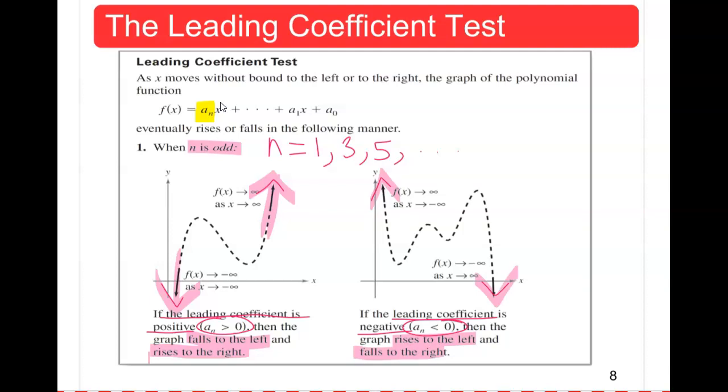Now, I don't want you to get confused with the terminology that we used about increasing and decreasing, because here we're only talking about the end behavior, only about the tails of the function. When we talk about increasing and decreasing, we use those terms to describe the whole function behavior, everything that happens in between.